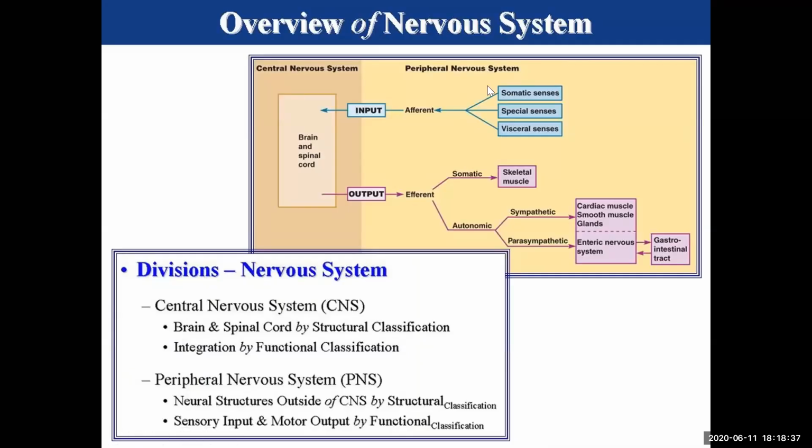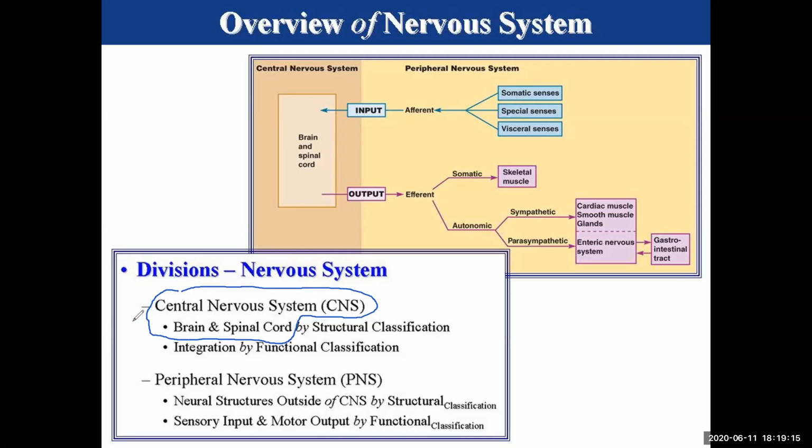So overview of the nervous system. The nervous system is divided into central nervous system and peripheral nervous system. And when we say central nervous system, it includes the brain and spinal cord.